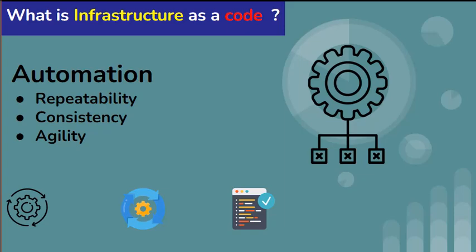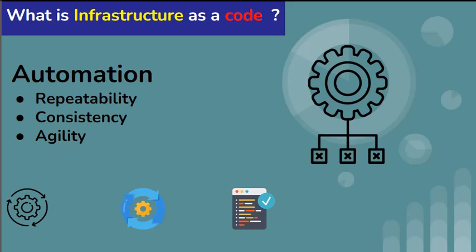With IaC, the infrastructure is defined in declarative code that can be versioned, tested and deployed like any other software application, right? This code can be used to provision and configure servers, network, storage, and other infrastructure components. IaC tools such as Ansible, SaltStack, Puppet, and Terraform allow you to manage infrastructure using code and automate the process of provisioning and configuring resources.